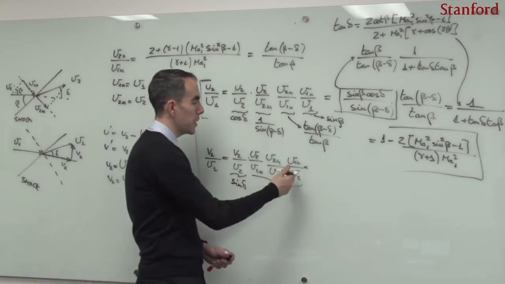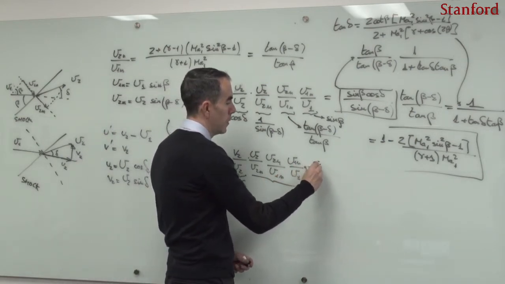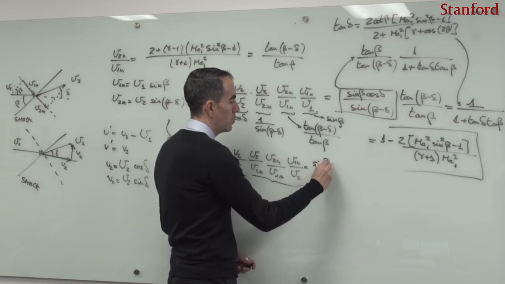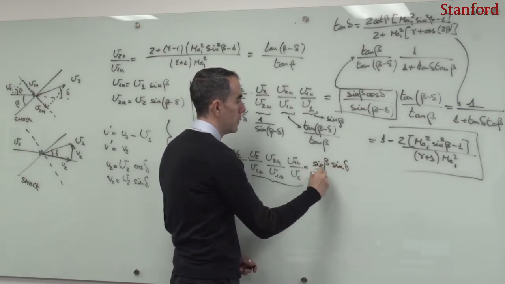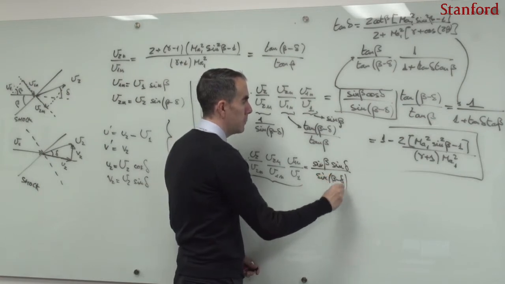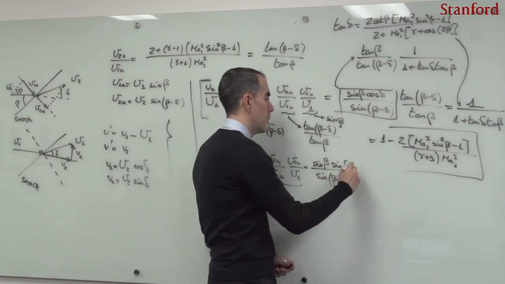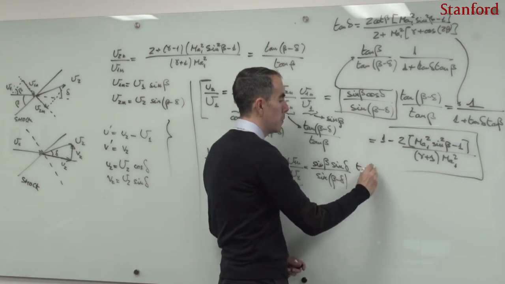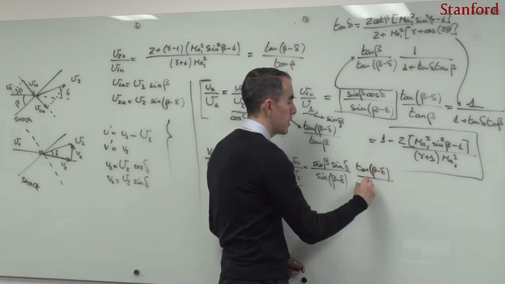So then this expression here is equal to the sine of beta multiplied by the sine of delta divided by the sine of beta minus delta, and then multiplied by the tangent of beta minus delta divided by the tangent of beta.